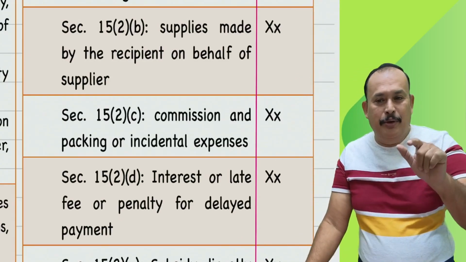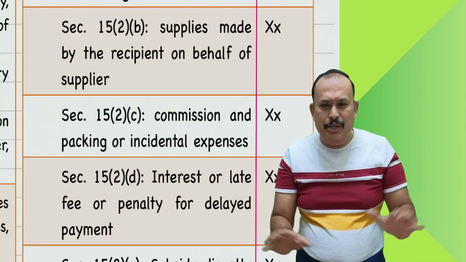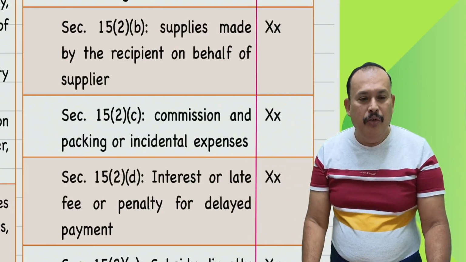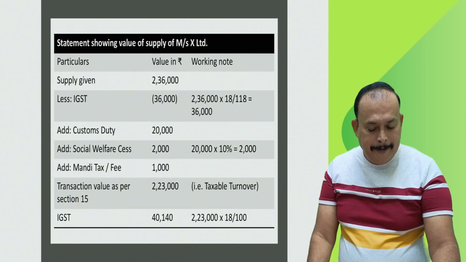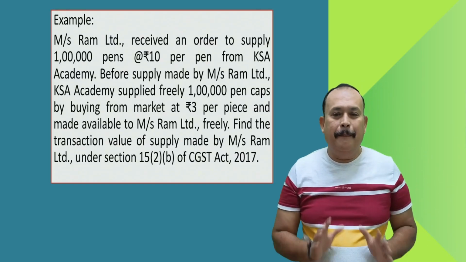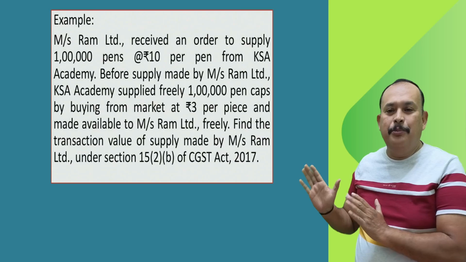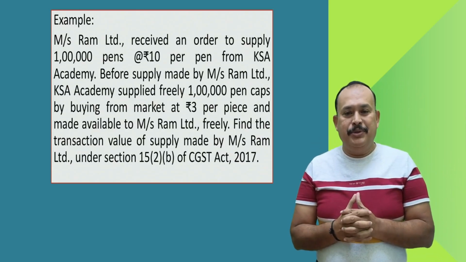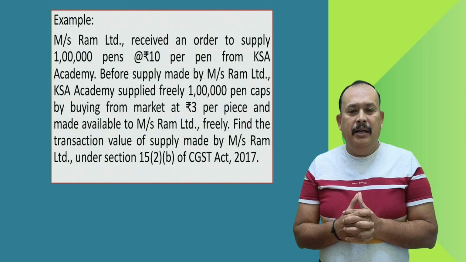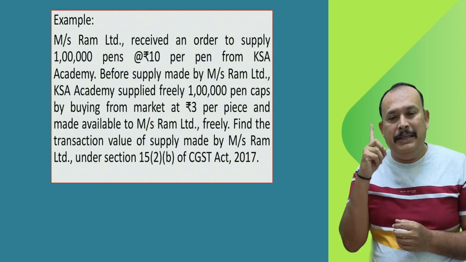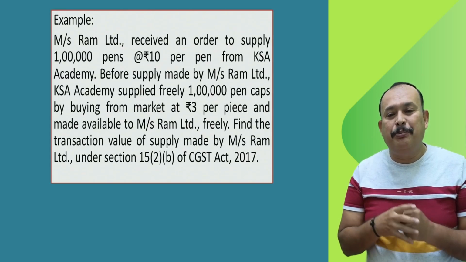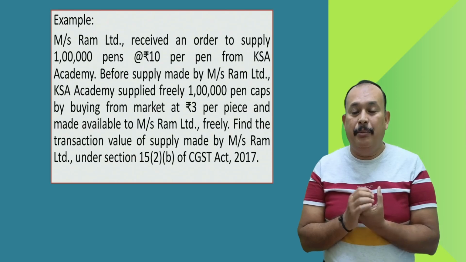I am going to bring to notice a simplified, practical scenario as an example for your consideration. Look here, one example. This is an excellent example for our understanding. RAM Limited received an order to supply 1 lakh pens at the rate of 10 rupees per pen from KSA Academy.